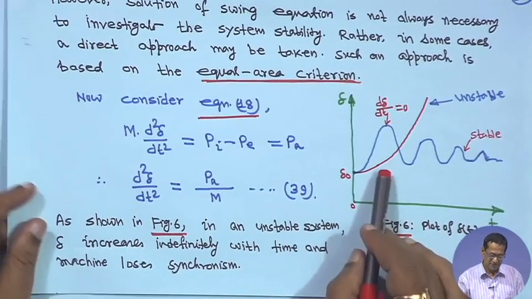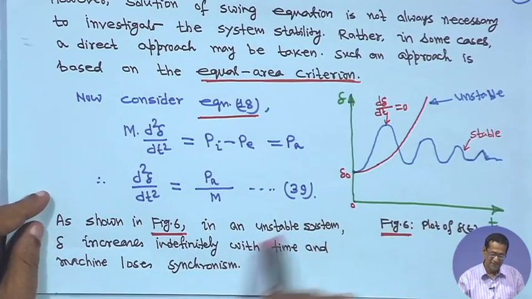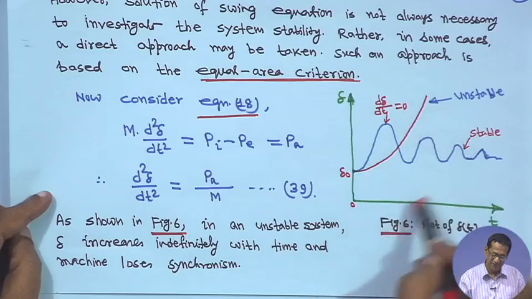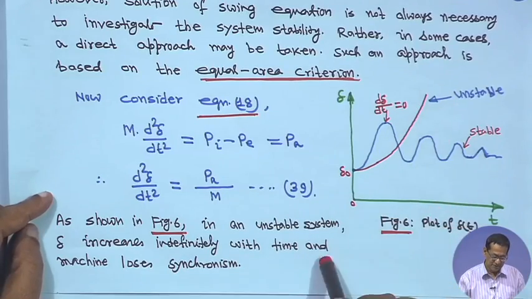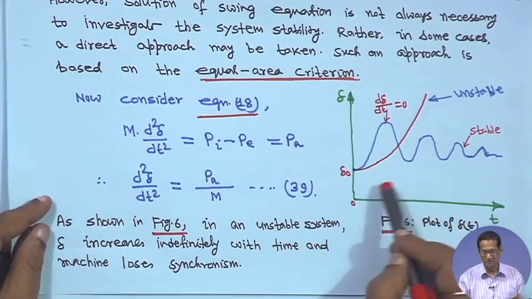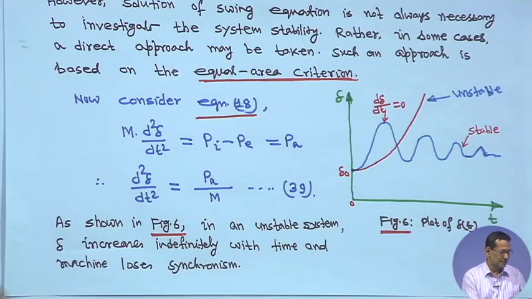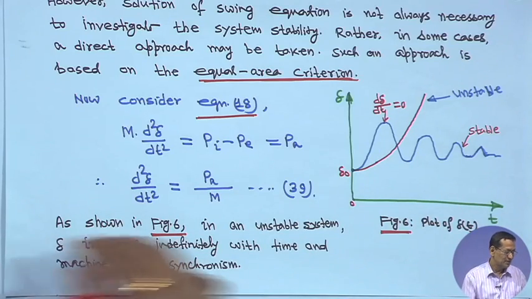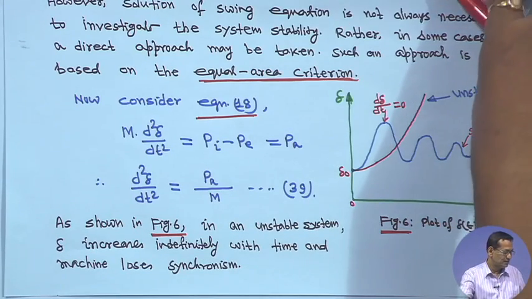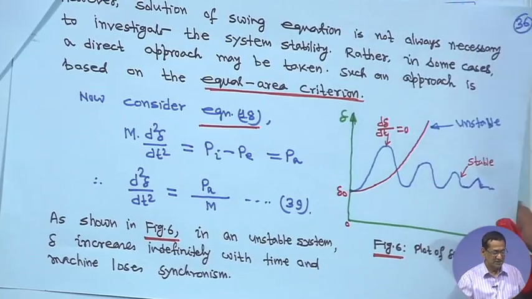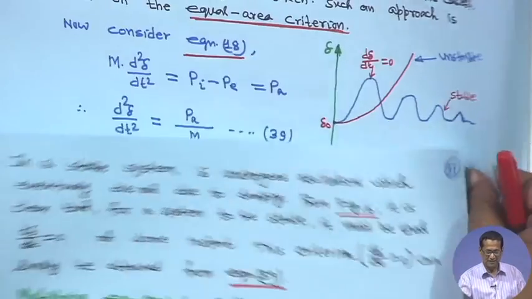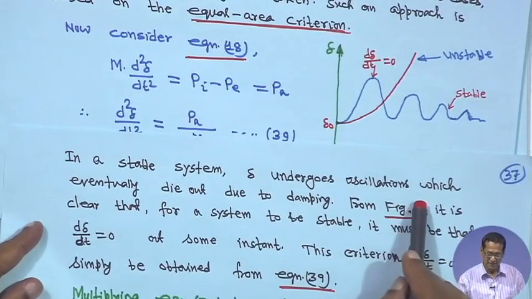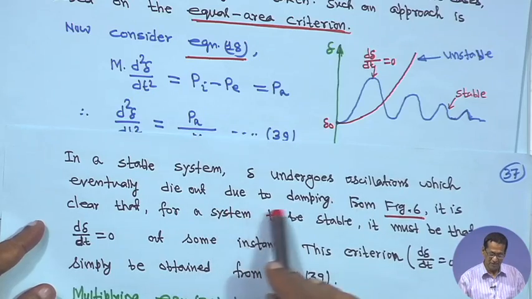As shown in figure 6, in an unstable system, delta increases indefinitely, it is continuously increasing with time and machine loses synchronism. So, it is an unstable system. But in a stable system, delta undergoes oscillation which eventually dies out due to damping.